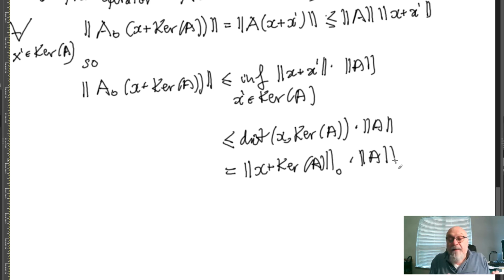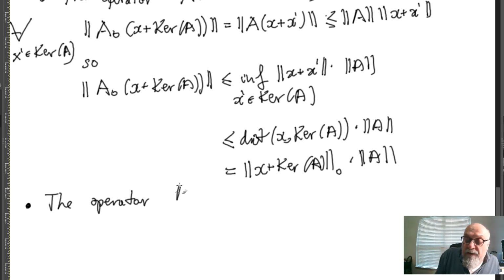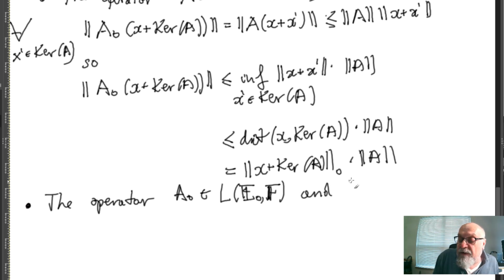Okay, so let's make a conclusion: the operator A0 now belongs to L of E naught, which is our quotient space, to F. And we have here that the image of A naught is equal to the image of A.